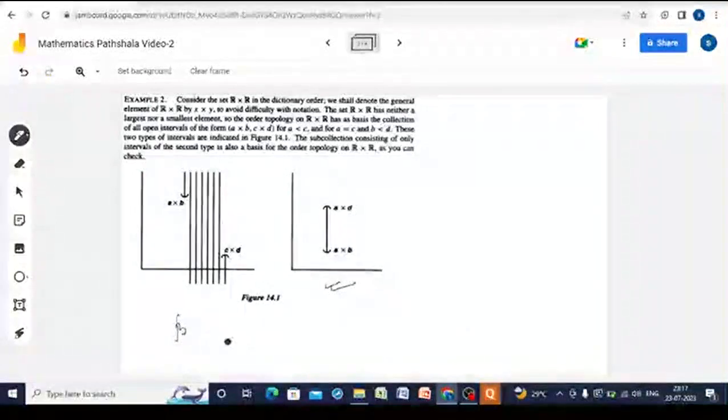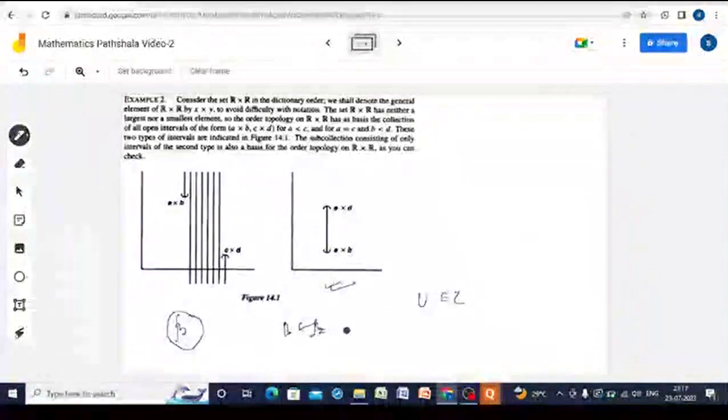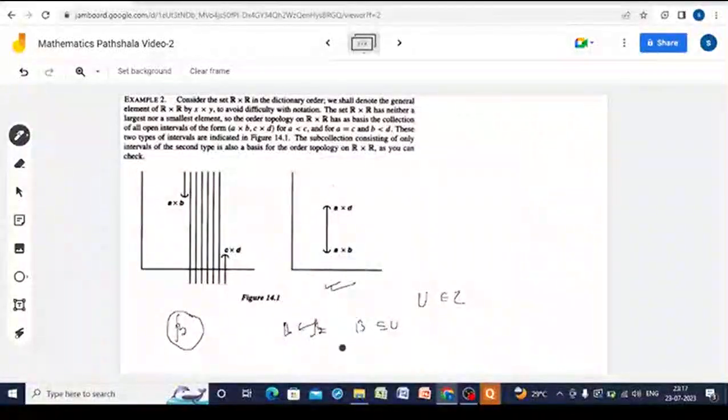To show that, what is the condition to be a base? If we take any open set, say U belonging to the topology tau, then we have to find a member B belonging to script B such that B is a subset of U. So we now show that this condition will not be true.